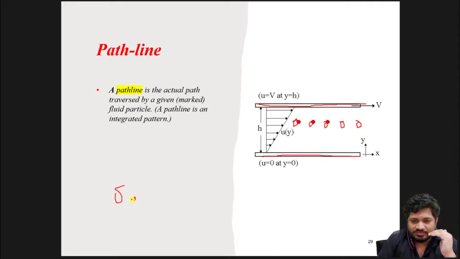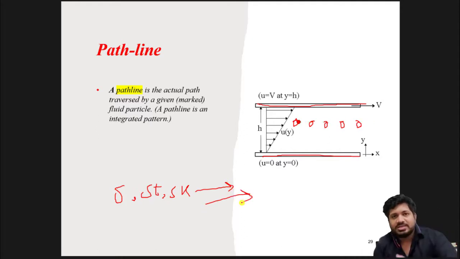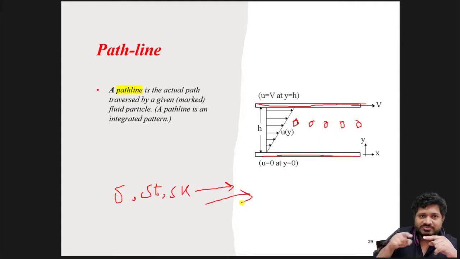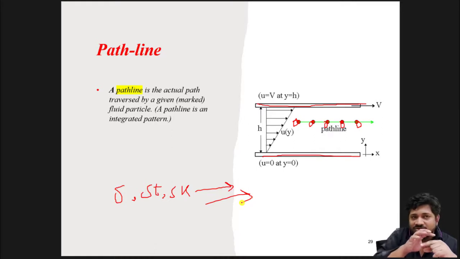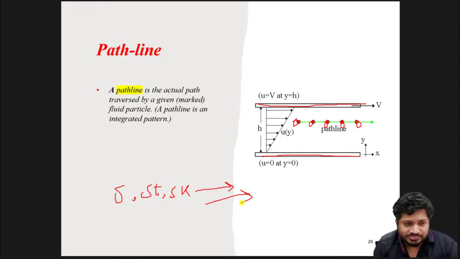For steady flow, pathline, streakline, and streamline are all the same, because they are following the same vector or tangent, the same locus of particles based on the previous time, and they are also following the actual path. So they are all the same if the flow is steady.